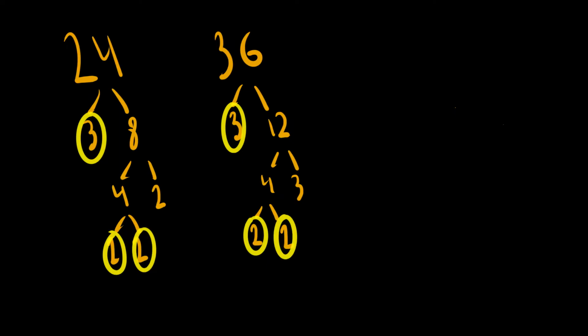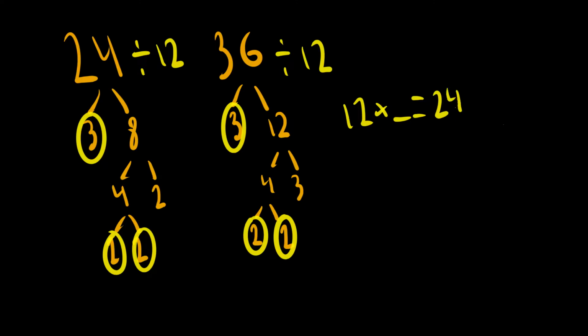So taking our common factors that 24 and 36 share, 3 times 2 times 2 is equal to 12. So 12 is the largest number that goes into both 36 and 24. 12 times 2 is equal to 24, and 12 times 3 is equal to 36.